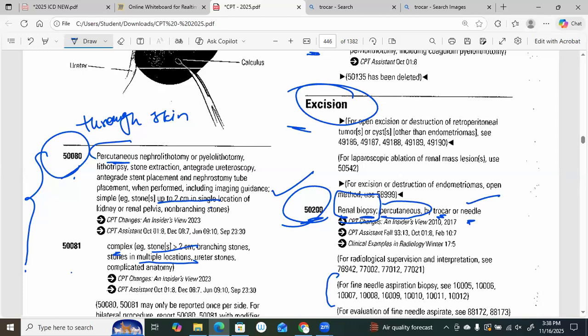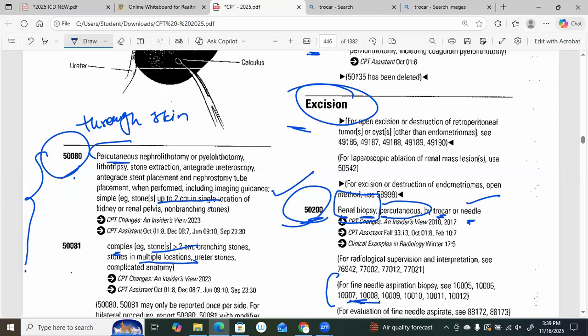So whenever there is an FNA, whether it is performed on the kidney, intestine, wherever it is, if a minute needle has been used and FNA was performed, we have to use the 100 series only. We are not going to use the 5 series.